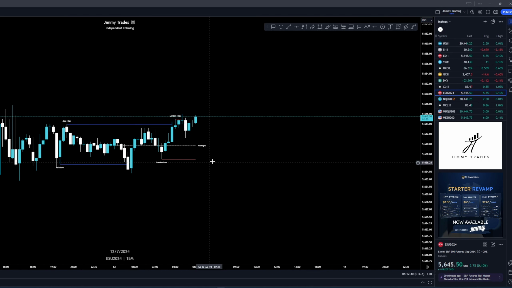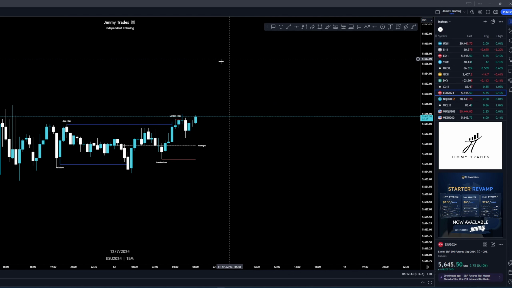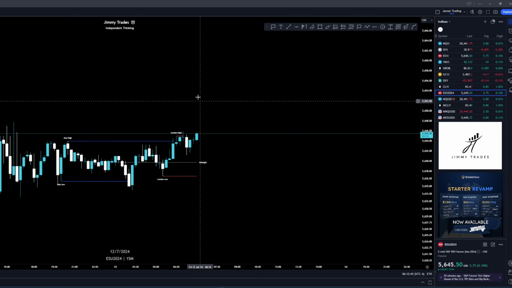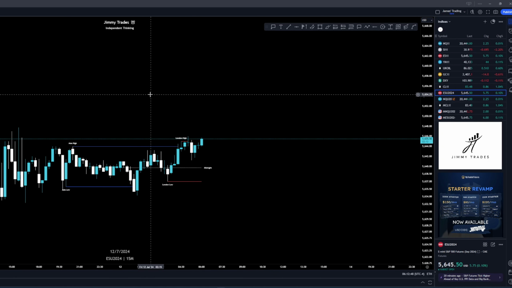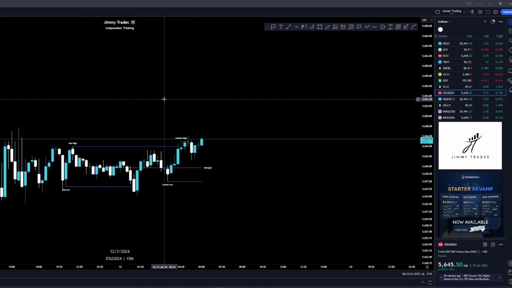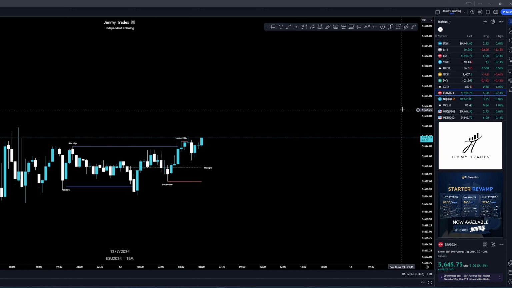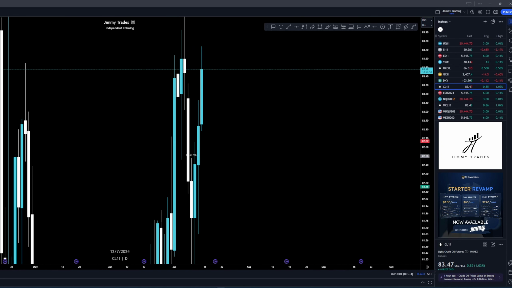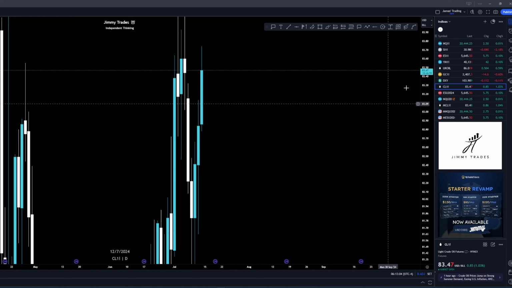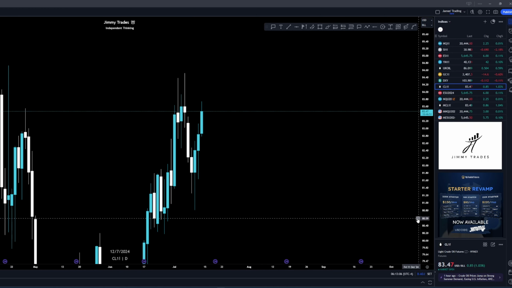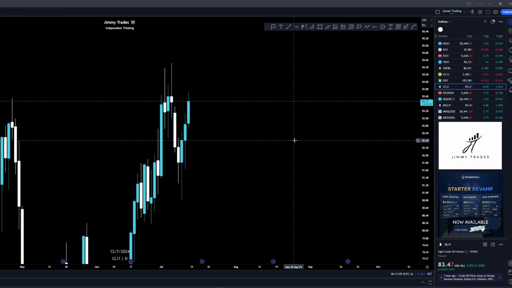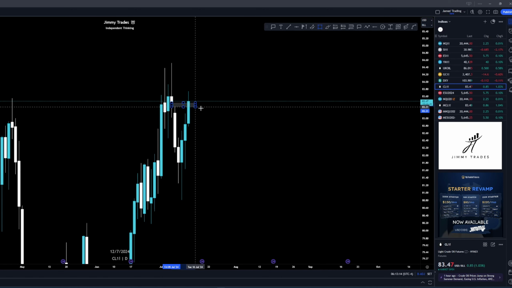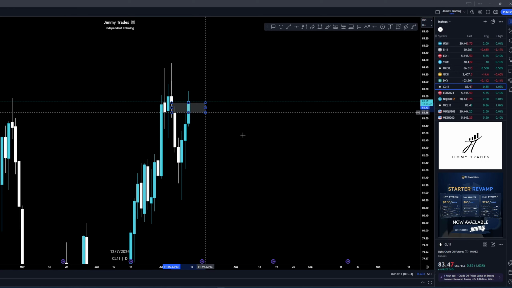Potential for a sweep lower and then continuation higher. We will see what 8:30 news brings. Let's have a look at oil. So oil is currently at this imbalance level.